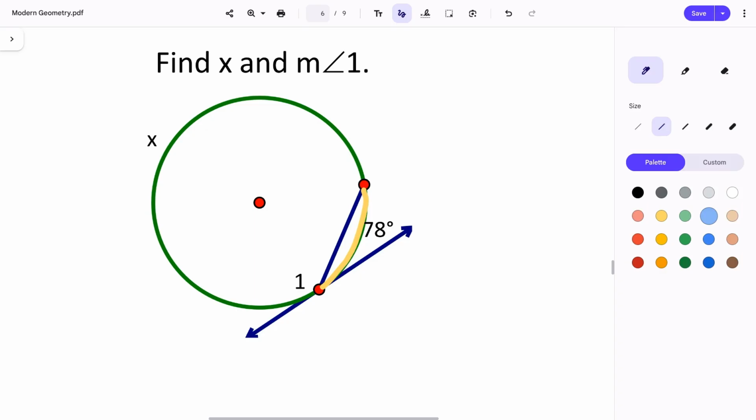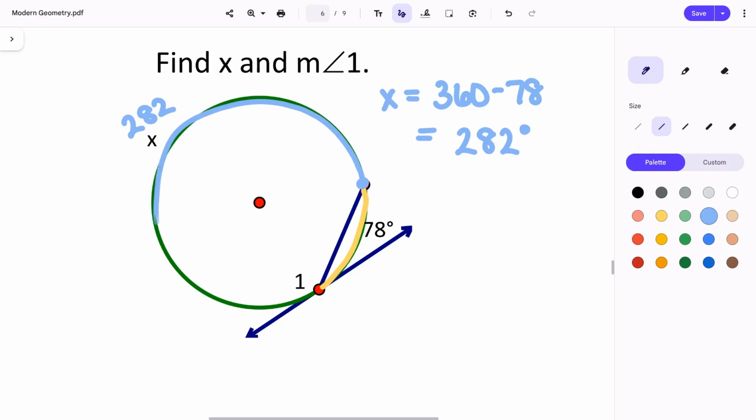You could find x, right? Because we know how many degrees are in a circle: 360. So to find x, let's start by taking 360 minus the 78, which would be, good, 282. So that's this whole arc from this point all the way around the circle. That's 282.